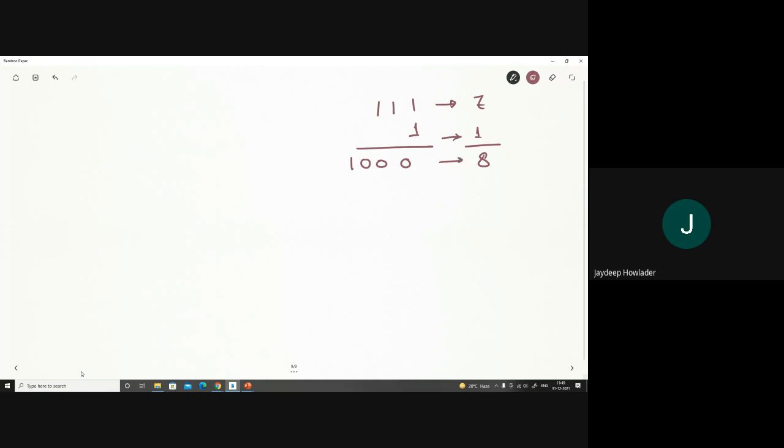Clear? So if you are having a problem with binary addition at this moment, because in some other class, other subjects, you'll be learning this part, just try to map it into a numerical value, do the addition, and then come back. Okay. Get it?